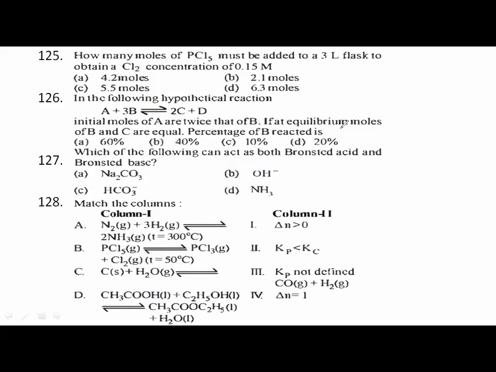First one, option A, N2 plus 3H2 gives 2NH3. If you see here, Kp is equal to Kc RT delta N. I will take it freshly here.